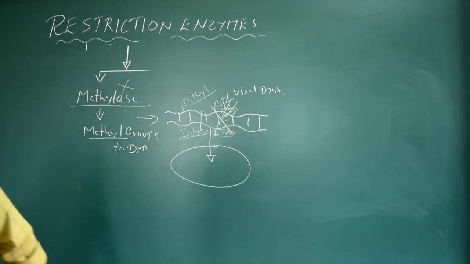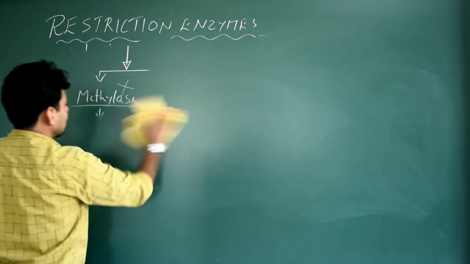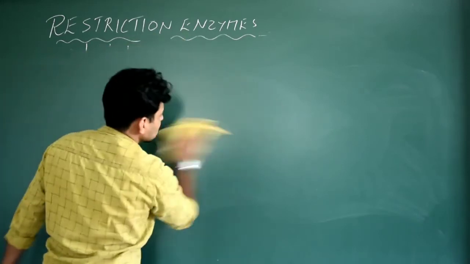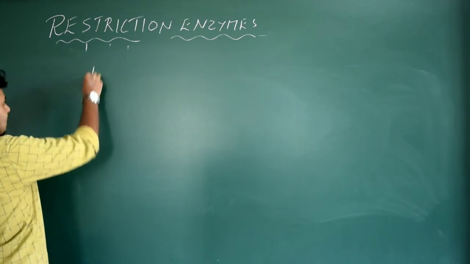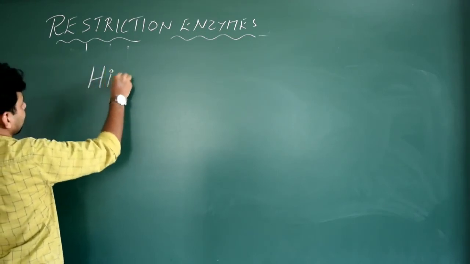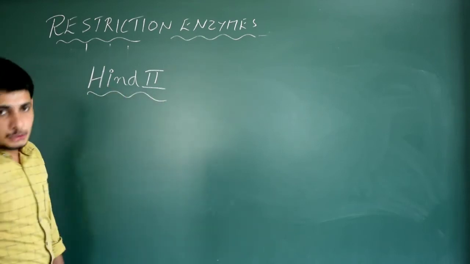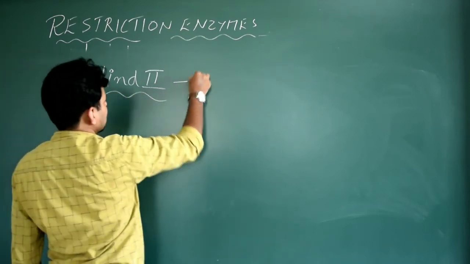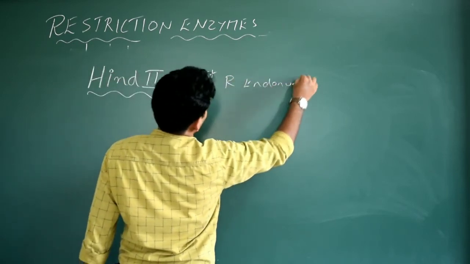Name the first restriction endonuclease which was isolated from a bacteria for the first time. We write that it is called HindII. This is actually the first ever restriction endonuclease.